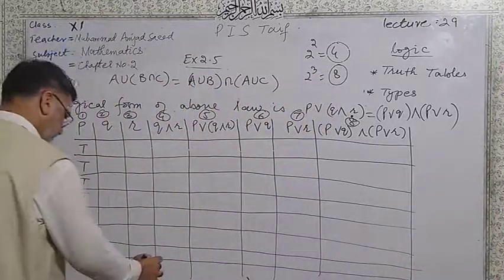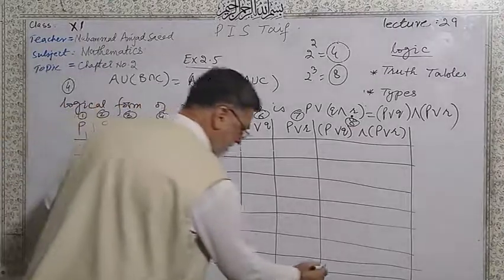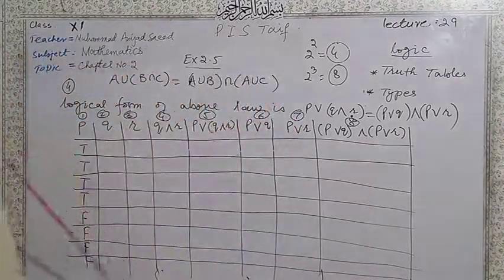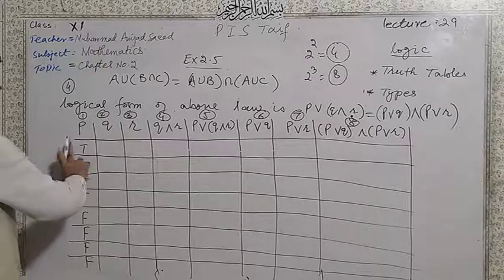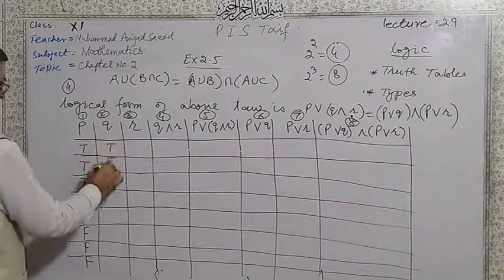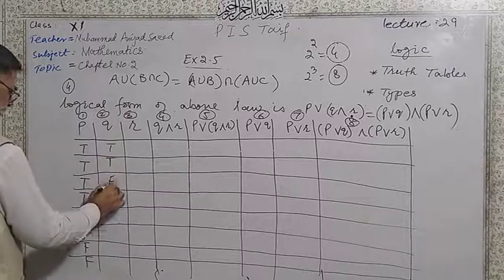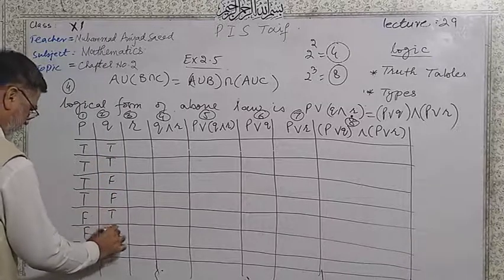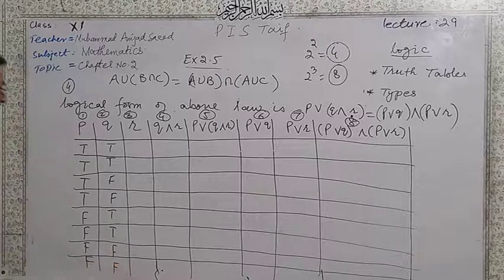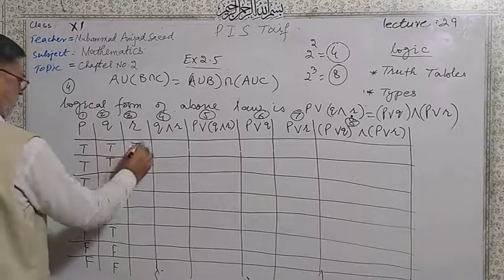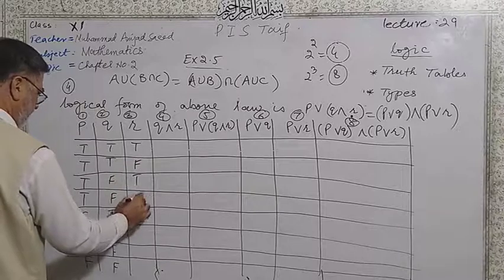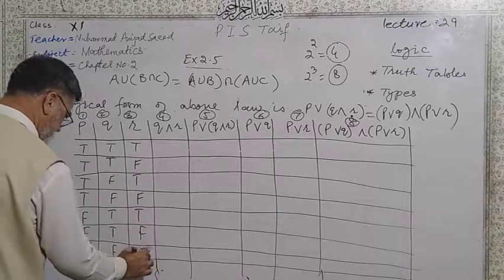We have approximately drawn that. This is 50% true, 50% false. Q is 50% of P, which means 2 times TT, FF, TT, FF. Now R is 50% of Q: TF, TF, TF, and TF.